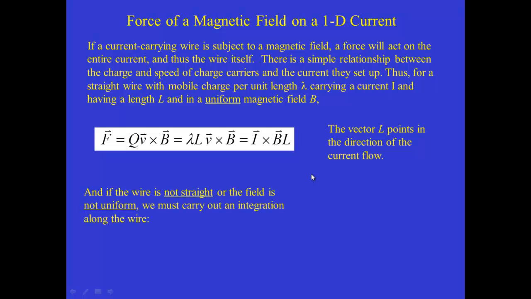More generally though, what if the wire is not straight, or if the field's not uniform? If that's the case, all we really have to do is convert this expression for the force into an integral.